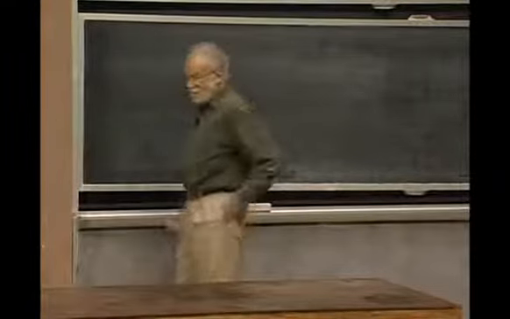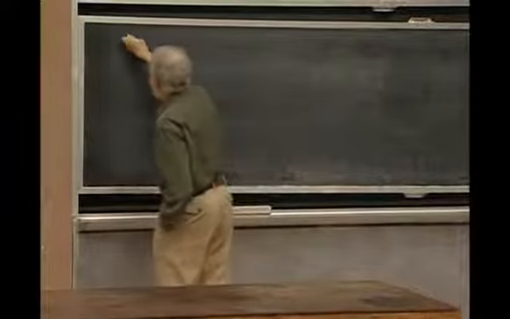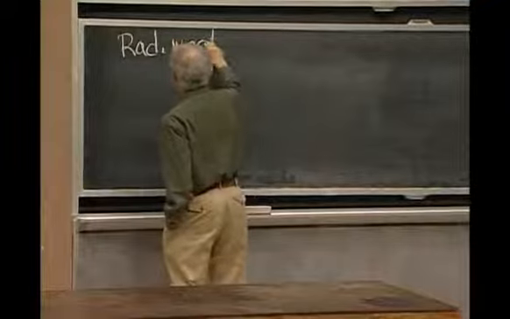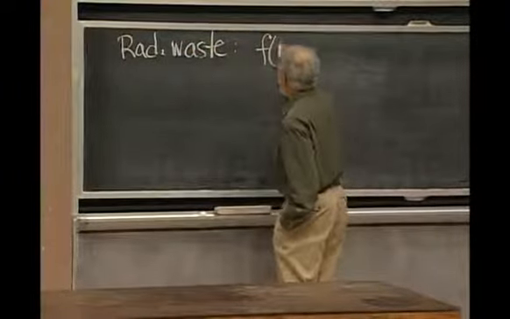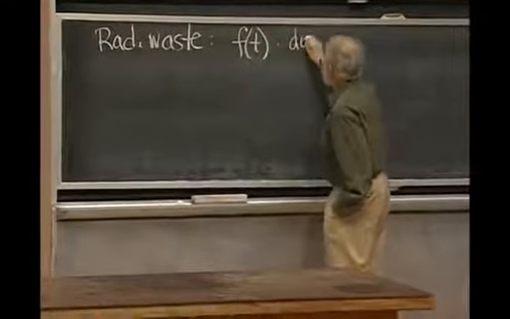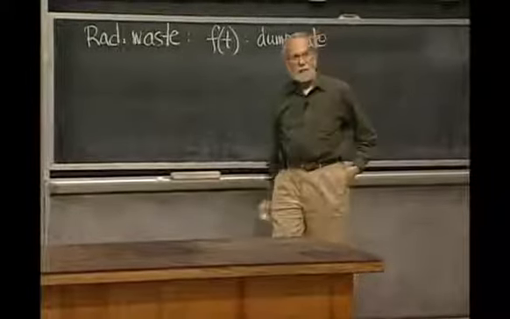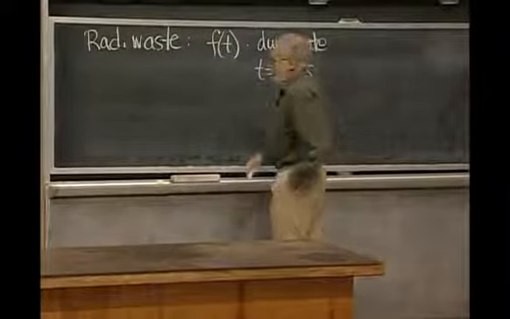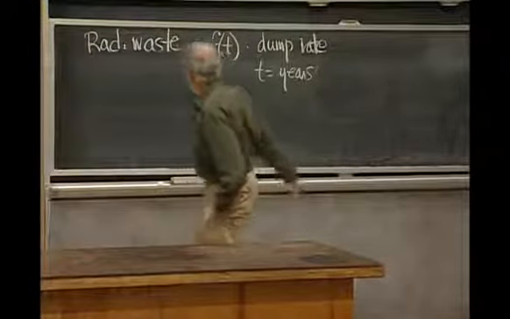And then it carts it and dumps it on a pile somewhere. So radioactive waste is dumped, and there's a dumping function. I'll call that f of t, the dump rate. Let's say t is in years. You like to have units. And quantity, kilograms, whatever you want.